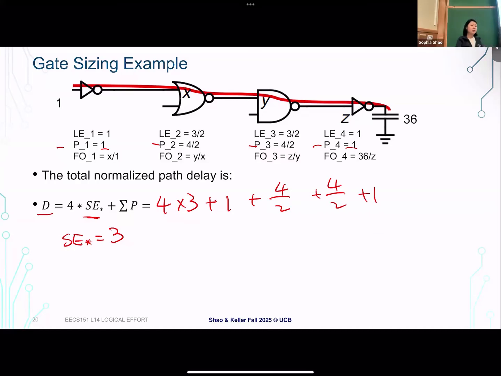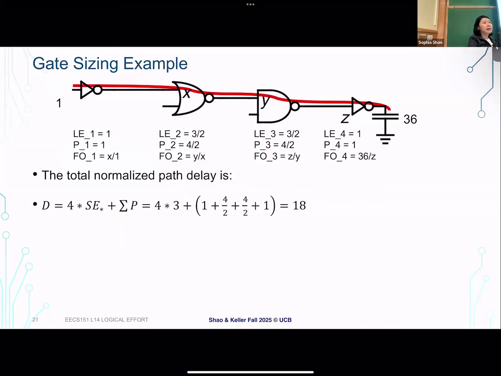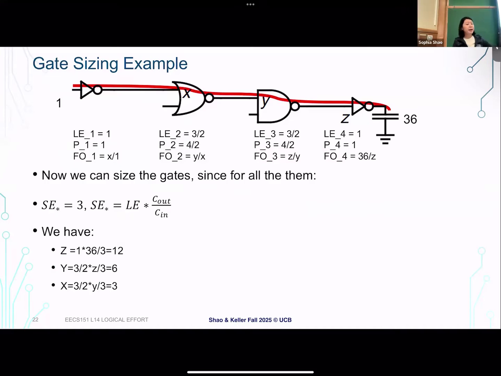That's the sum of the parasitic delay and my stage delay. So this gives us the overall delay. So this is the minimum delay. We have one more step to go. Now we have the minimum delay calculated.